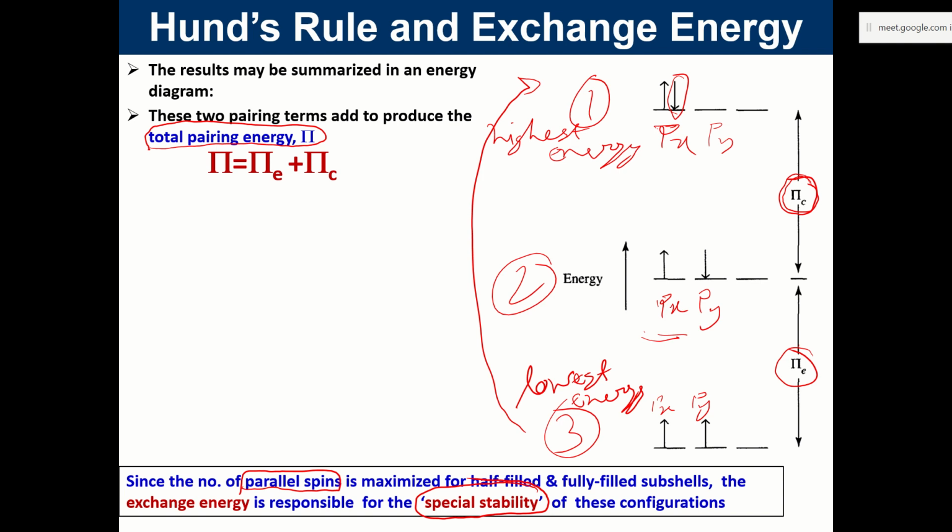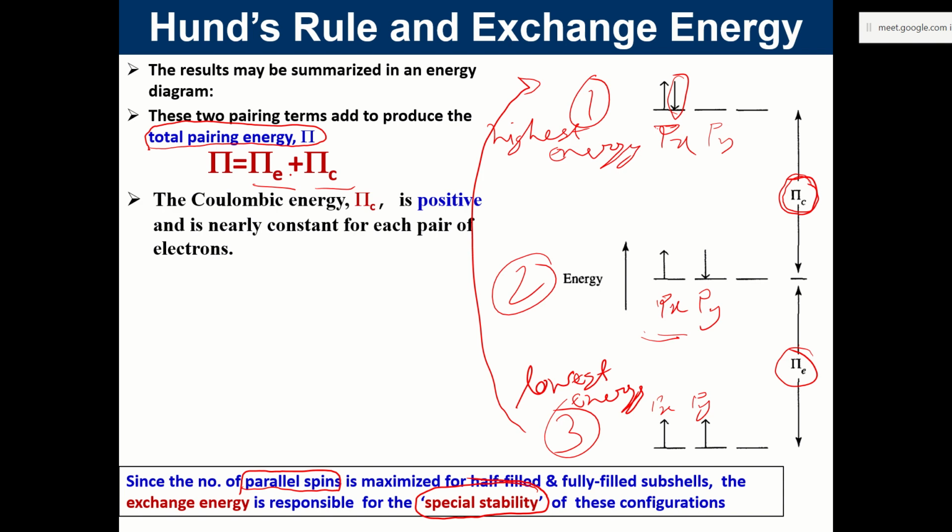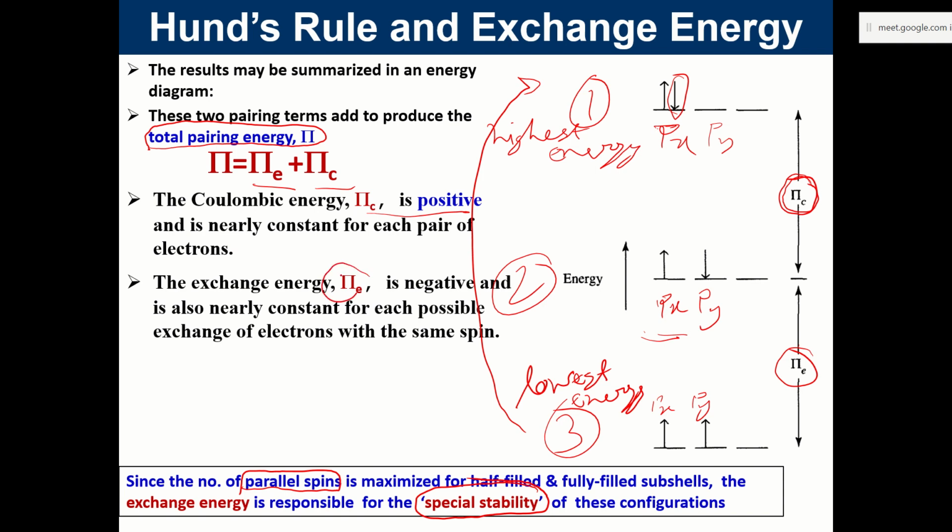orbital, it necessarily involves two things: the Coulombic energy, what we have seen here, repulsion, overcoming the repulsion, and also, if there was a possibility of two degenerate orbitals, then it also involves exchange energy that is coming into the picture. The Coulombic term is positive, pi e is negative, so greater is the pi e, the energy lowers down.